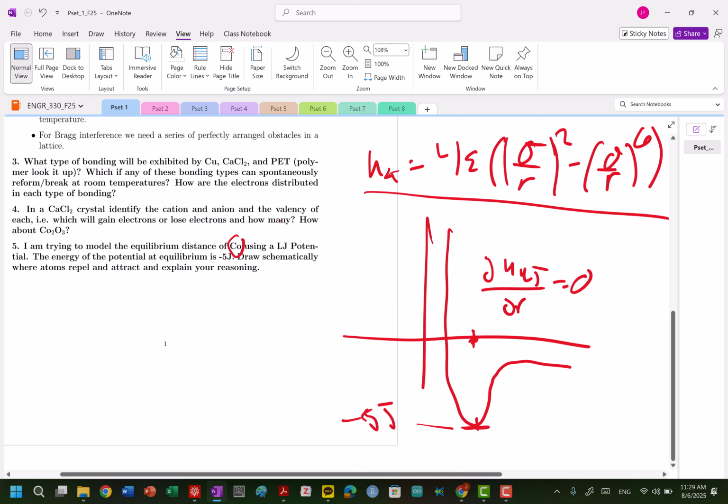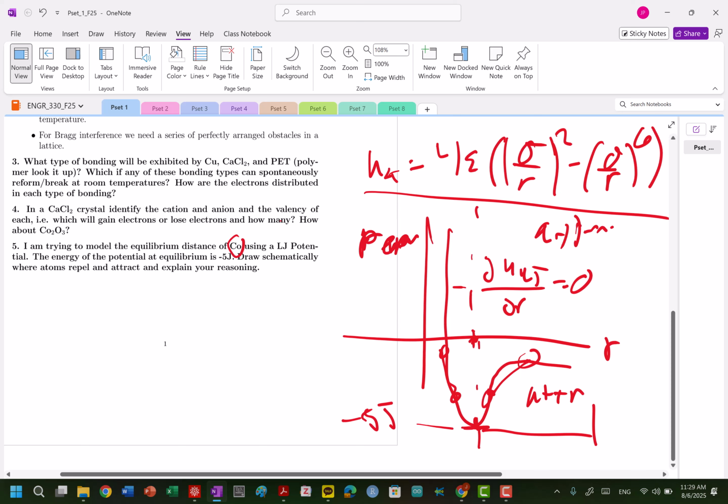At distances from here to here, we're going to attract, because if I go from here to here my energy decreases, so that means my atoms want to get closer together, so they want to attract. If I'm looking here to here, I want to repel. So I'm going to repel to the left here, and I'm going to attract here.